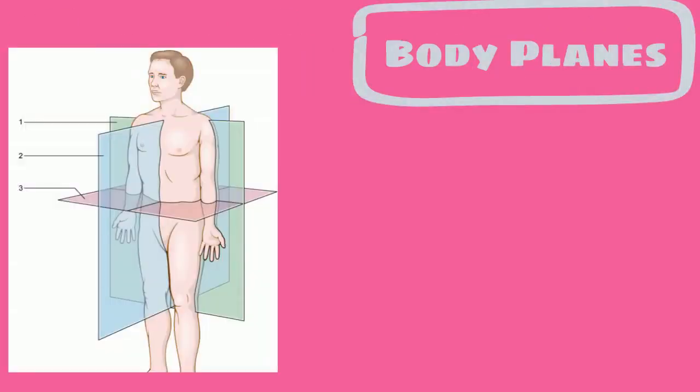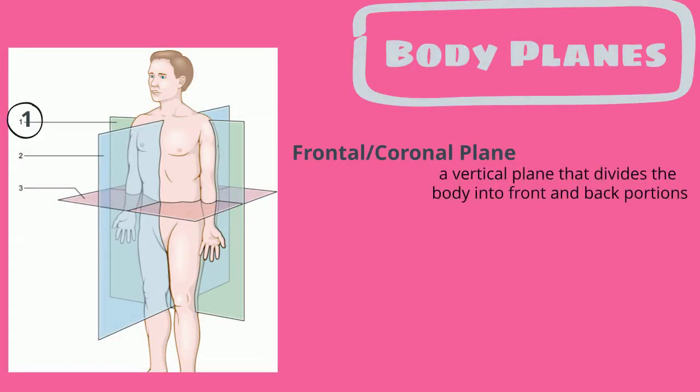Let's take a look at the planes of the body. These are important to understand, especially when we're talking about imaging, like X-rays. The frontal plane, which is also called the coronal plane, is a vertical plane, top to bottom, dividing the body or a part of the body or organ from front and back portions.